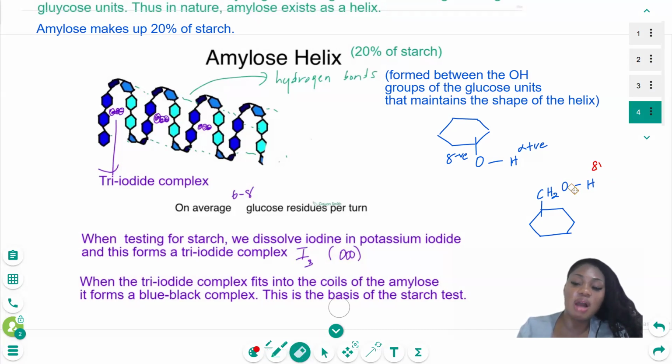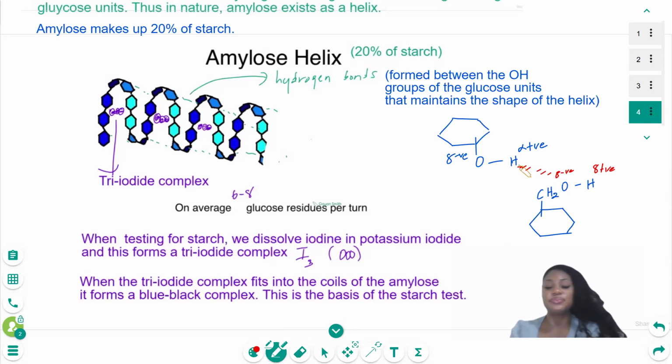And this is because the oxygen is very electronegative. So what ends up happening is that, for example, the oxygen from this molecule, which is slightly negative, is going to be attracted to that hydrogen that's slightly positive.